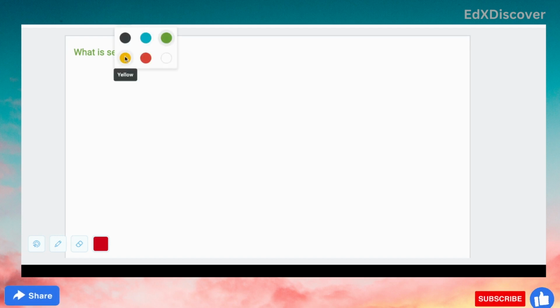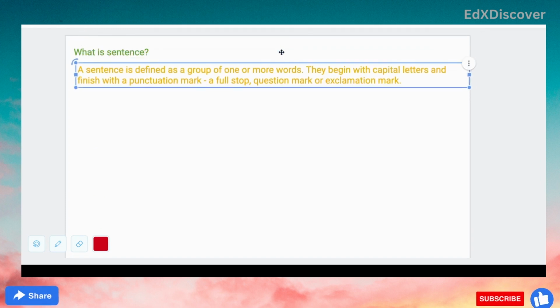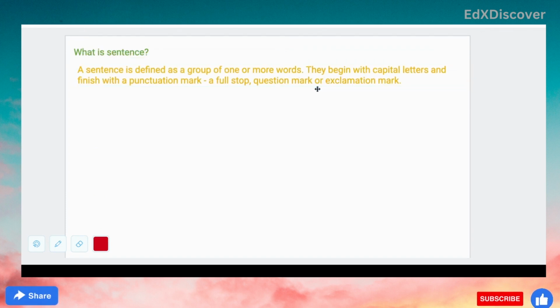It can be full stop, question mark, or exclamation mark. This is called a sentence. It is a group of one or more words, and it can begin with capital letters and finish with any punctuation mark such as full stop, question mark, or exclamation.